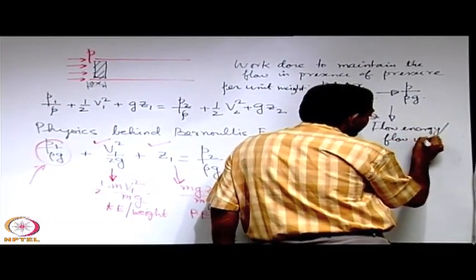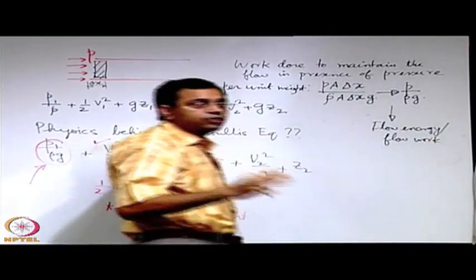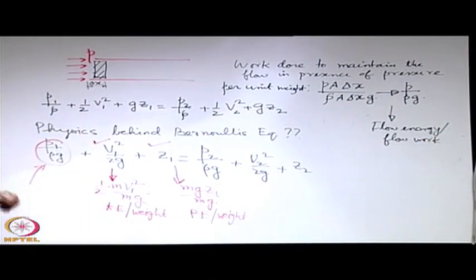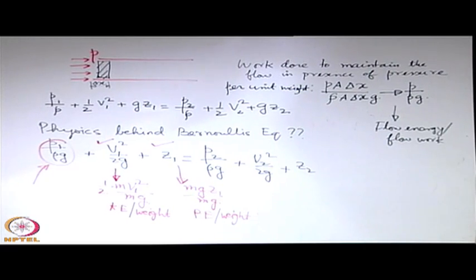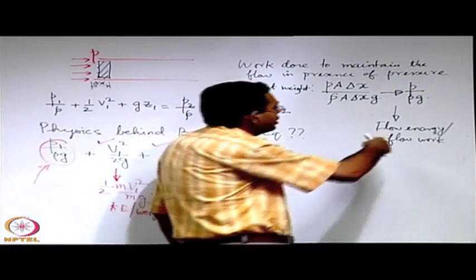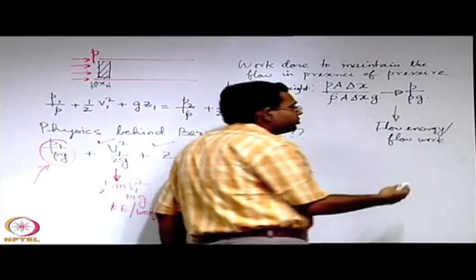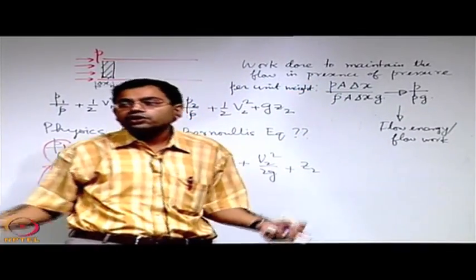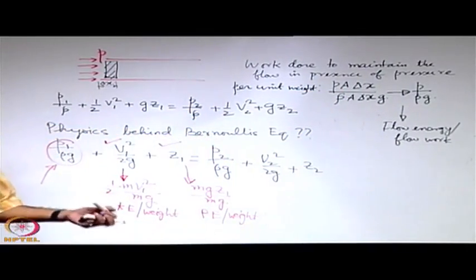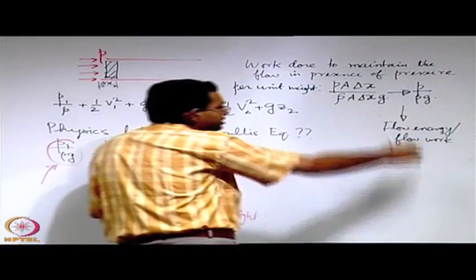Now, if you give it the name pressure energy, none of us have any problem; the name is up to you. If you are happy with giving the name, you give that. Call it flow energy per unit weight or just flow energy? That is a matter of terminology. Usually we consider it per unit weight and call it flow energy or flow work, but to be more precise, you may call it flow energy per unit weight. It is the sense that is more important.